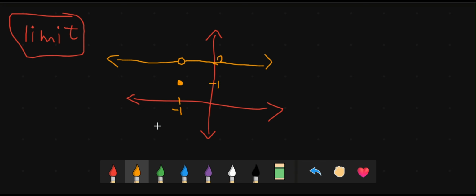So now, what is the limit as x approaches -1? Now, if you plug x to be -1 in, you'll find that the y value here will be 1, because that's how we defined it. But limits do not care about the actual value.